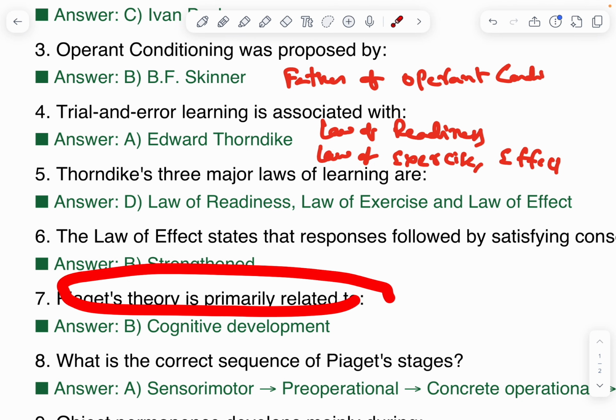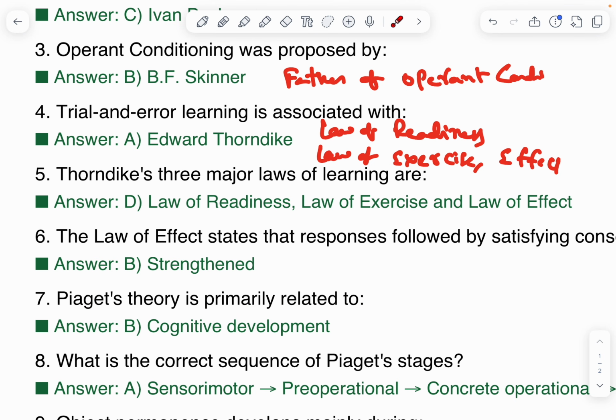Jean Piaget's theory is primarily related to cognitive development. There are four stages. First, sensorimotor stage, 0 to 2 years. Preoperational, 2 to 7.